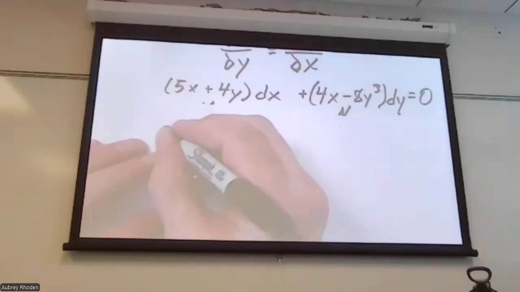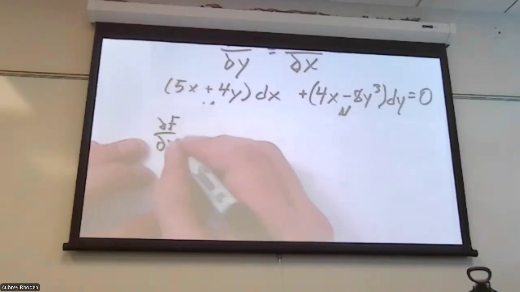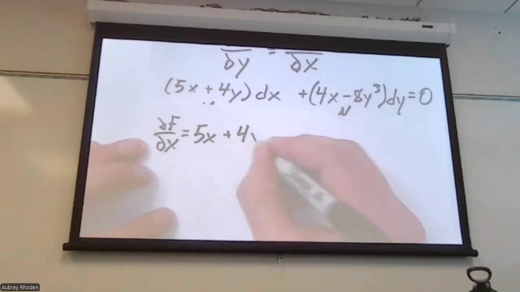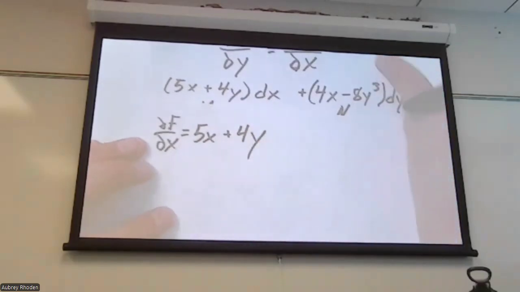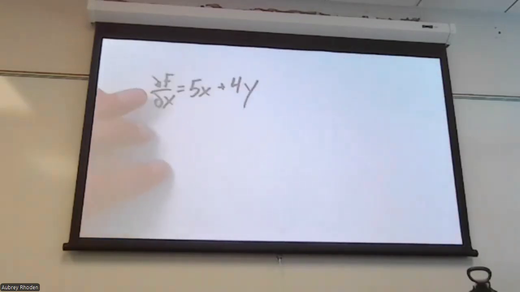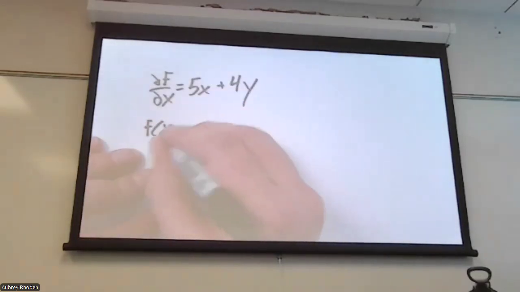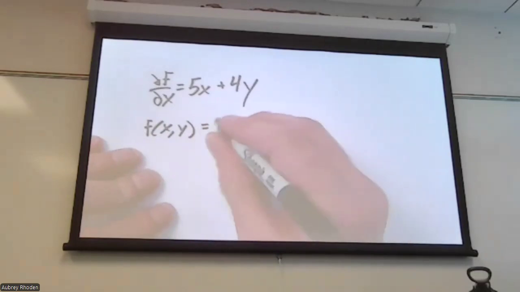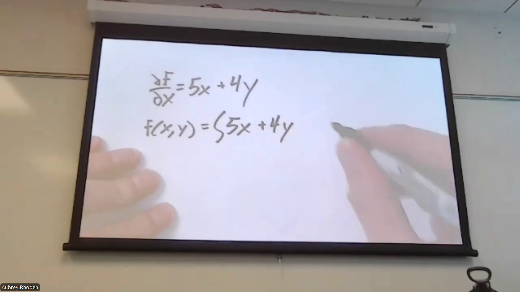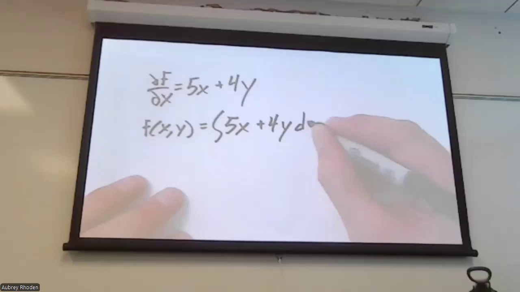So that means that the partial derivative of f with respect to x is going to equal 5x plus 4y. Okay. So that means that f of x, y is going to equal the integral of 5x plus 4y, and that's going to be an integral with respect to x.